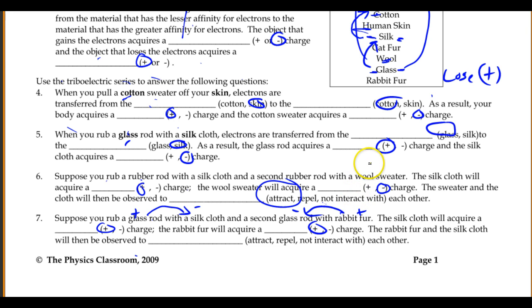So if we bring them together, and that's a different glass rod that became negative up there, be careful about that, the rabbit fur and the silk cloth will then be observed to attract, because they're going to be opposite charges, and opposites attract. So typically when you rub any two things together using triboelectric means, one gains electrons, one loses electrons. That means one's going to become positive, one's going to become negative.